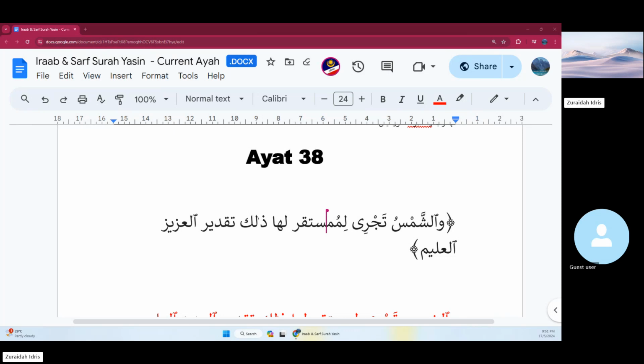When we first learned about half of jar, they told us there's a simple rule. They said if the lam is attached to a pronoun like ha, then it is a fatha.